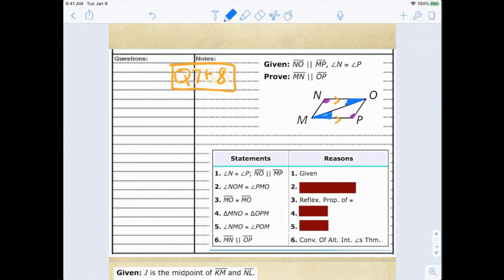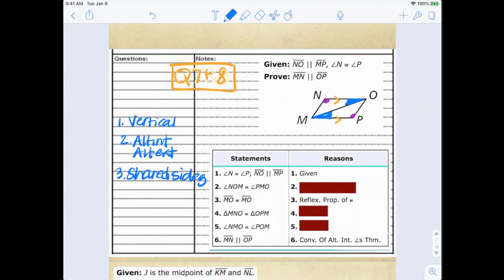If it's not labeled, my options are going to be either vertical angles, alternate interior or alternate exterior because of parallel lines, or a shared side. Again, if it's not labeled for us, we know it's got to be one of those three.